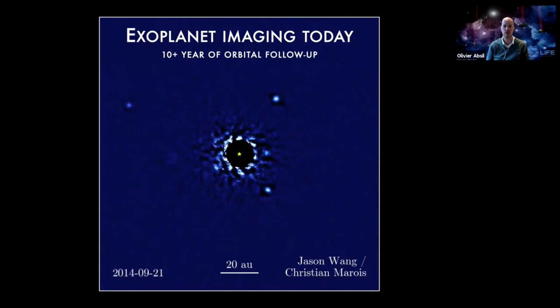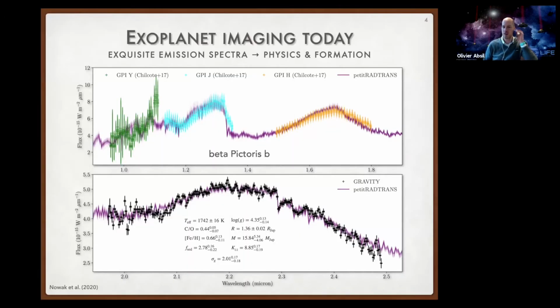And if you want to go further, of course, you have to use spectroscopy, and this is what is done now by specialized instruments like, for instance, the Gemini Planet Imager, GPI, here showing these spectra in the top plot at Y, J, and H band, and here for the same planet, Beta Pictoris b, the spectrum that has been obtained this year with GRAVITY, the infrared interferometer at the VLT. Showing the exquisite precision that can now be achieved with this kind of measurements.